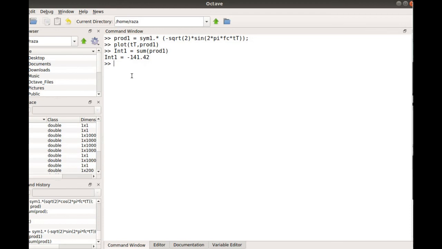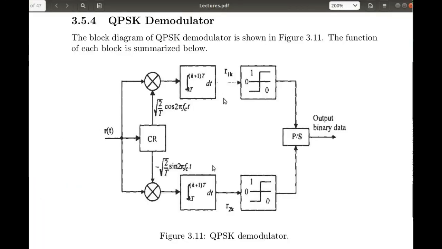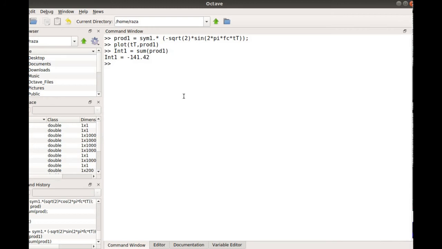Now this negative number goes to the signum function, the threshold detector, which we apply as a signum function in Octave. It gave us minus 1.